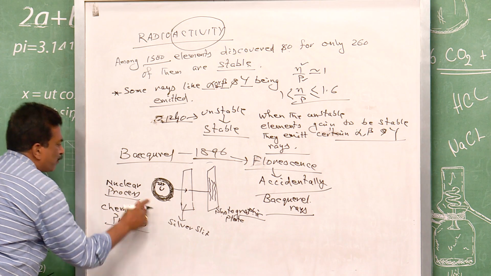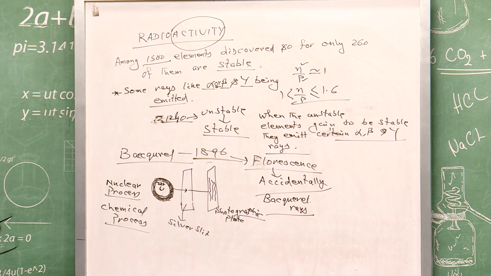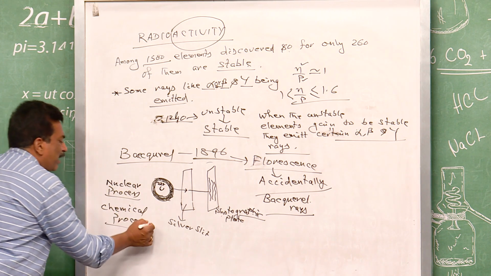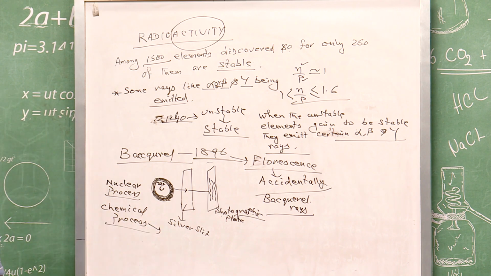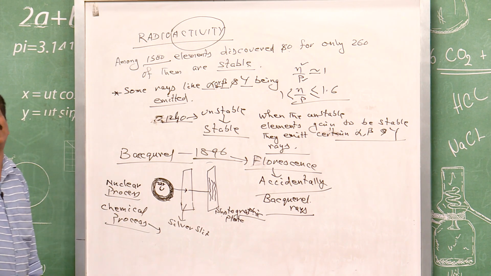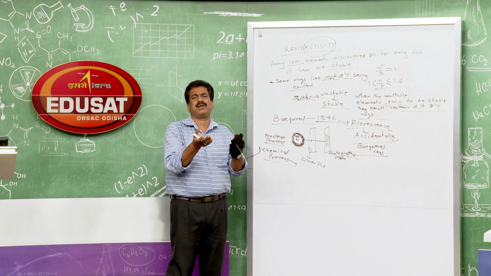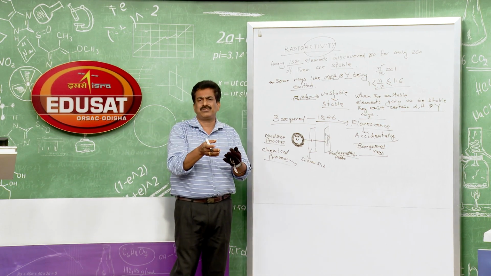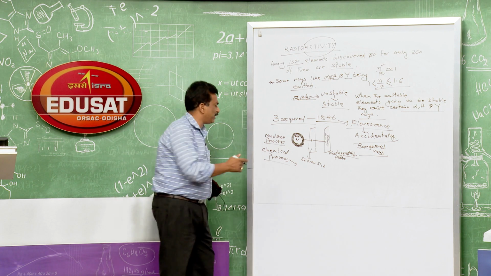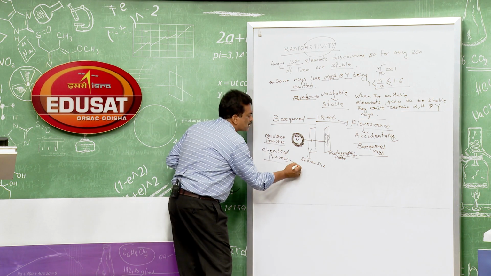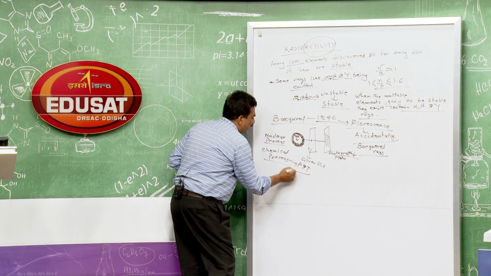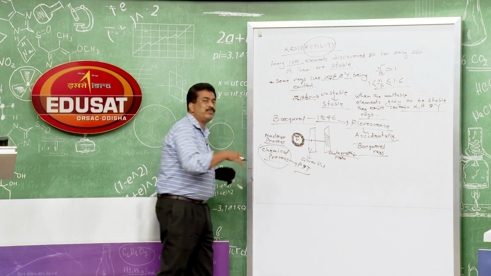In the chemical process also some changes happen, but chemical processes are changed by external conditions. Suppose you increase or decrease the temperature, or increase or decrease the pressure; by varying the pressure and temperature, the chemical process is changed.